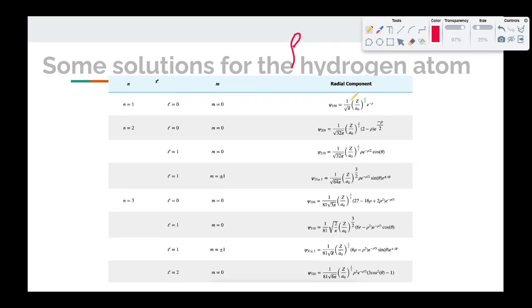So the only thing that isn't a constant in this whole thing is rho, or the radius. So this only depends on the radius. The probability of finding the electron is only going to depend on the radius.